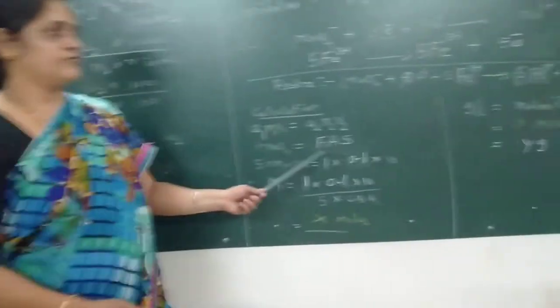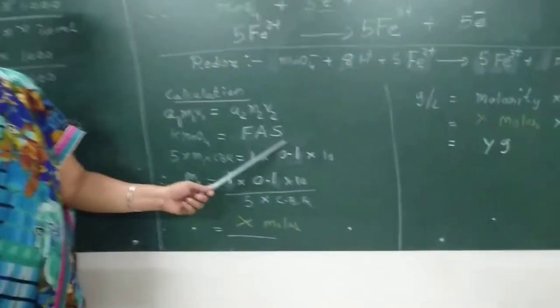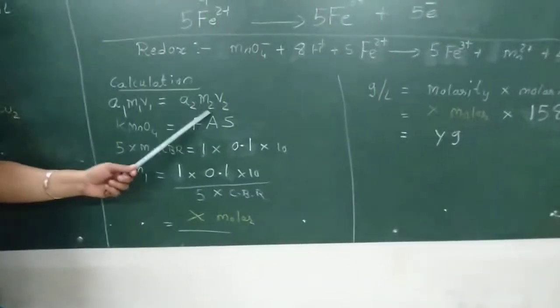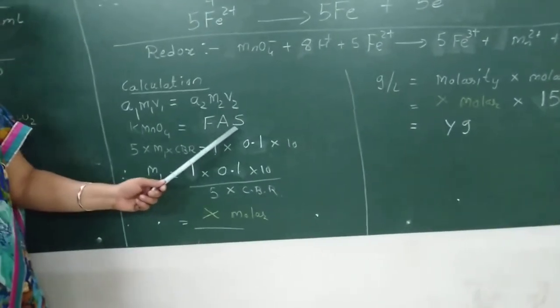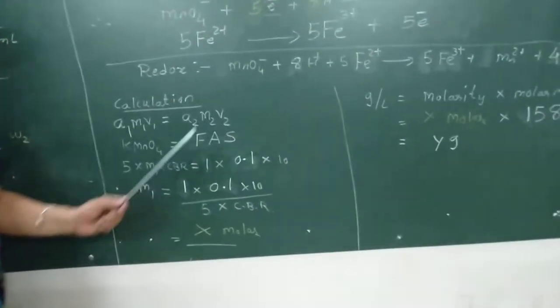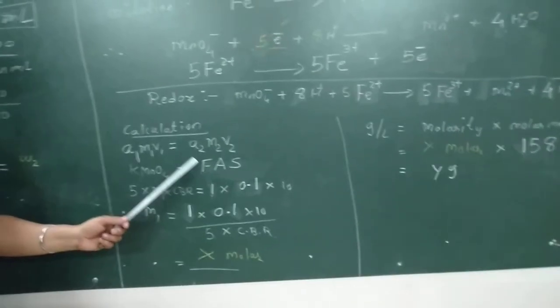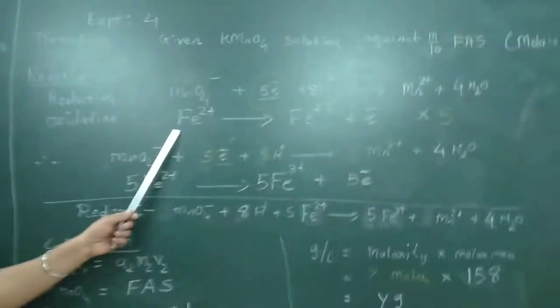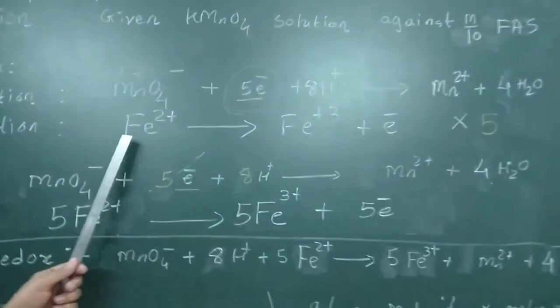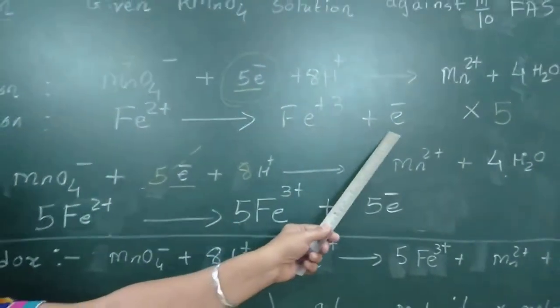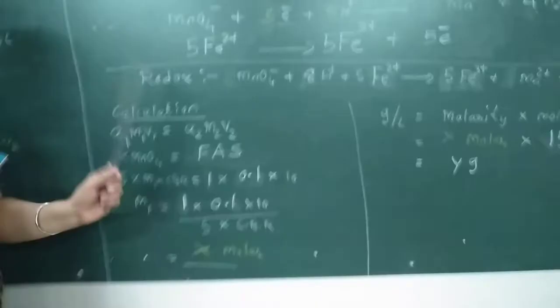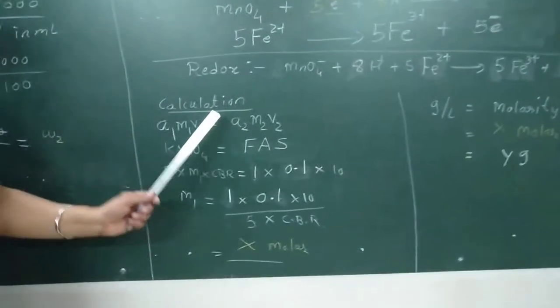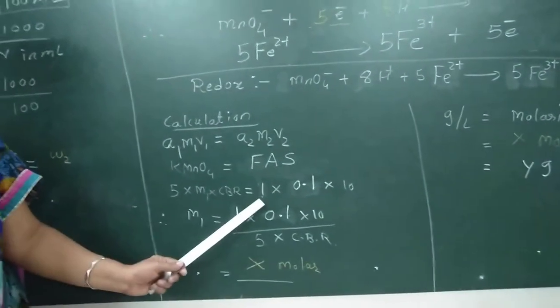Now we are going to check the ferrous ammonium sulfate solution. So A2, M2, V2 indicate the ferrous ammonium sulfate activity, molarity and volume. The activity of ferrous ammonium sulfate is the number of electrons lost in this oxidation process. Here you will find that only 1 electron is lost. Therefore, the activity of FAS we are going to write as 1.